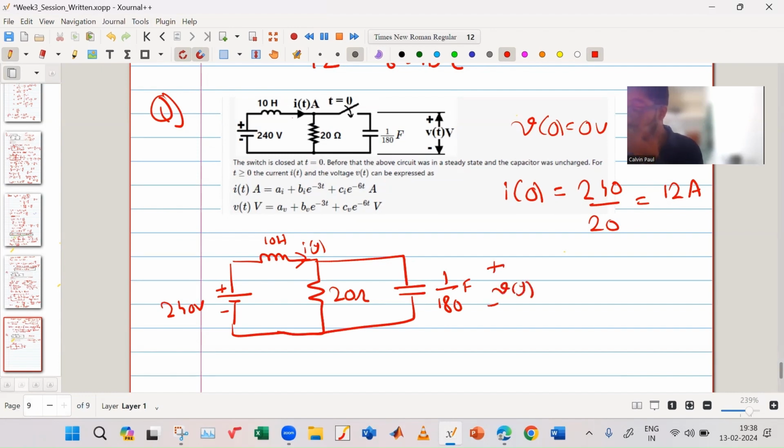Okay, this is my circuit. So how do I solve it? Now there's no shortcut formula which I can apply here. There are two energy storing elements. So what I have to do is apply KVL and KCL.